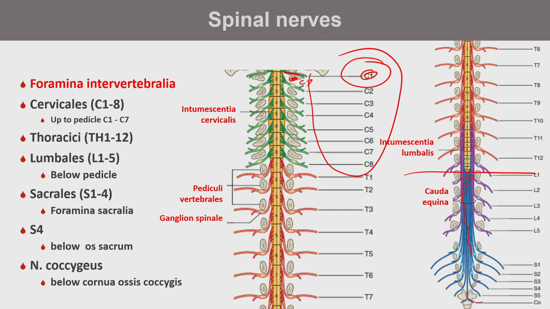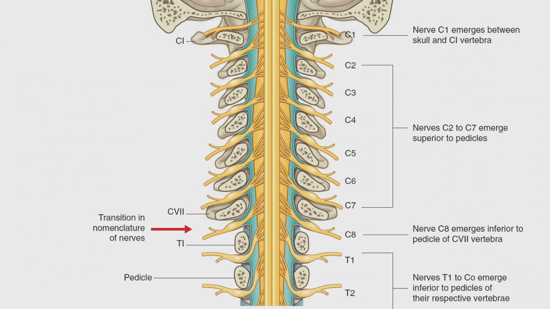It's emerging below the cornua of the tailbone. So here, once again, the transition of nomenclature of nerves. C7, and here is C8. TH1, and here is TH1. Yeah?